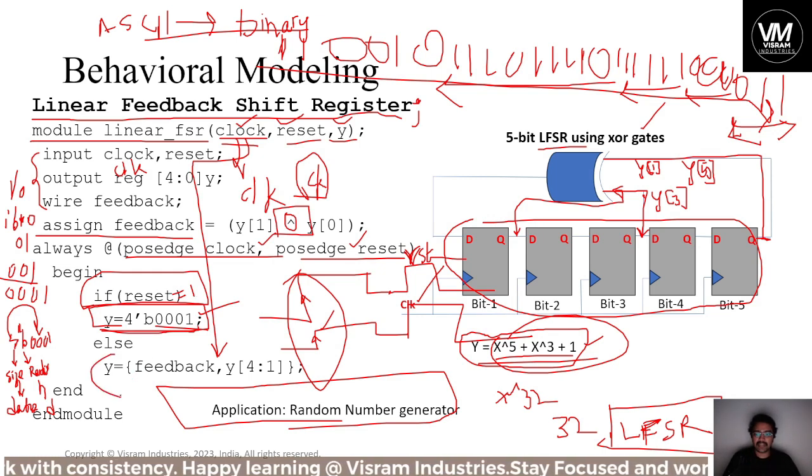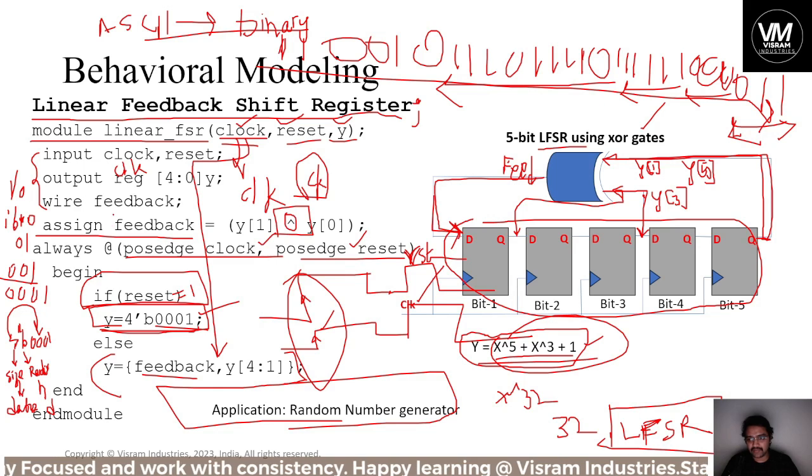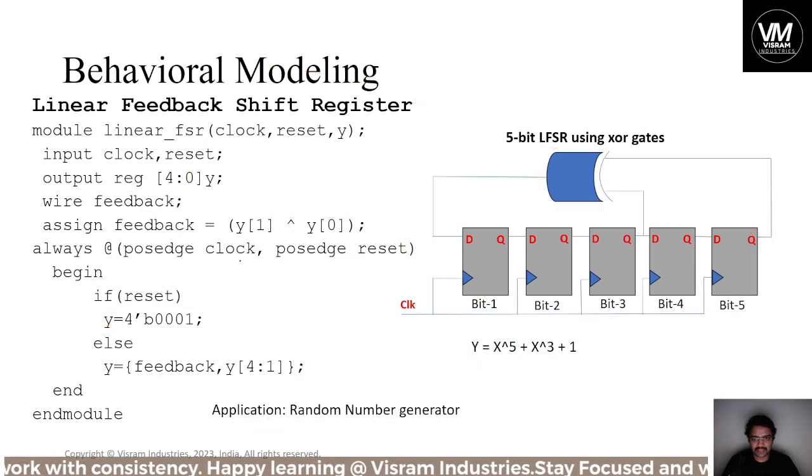Else y is equal to the concatenation of the data feedback. So whatever the feedback is given, this is how feedback is given. When the output goes into this, we have taken the feedback as the operation. See here, feedback is equal to y1 XOR y0. Too much clumsiness.